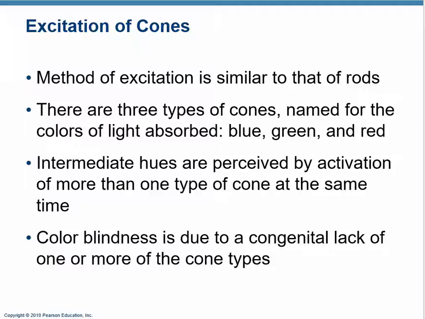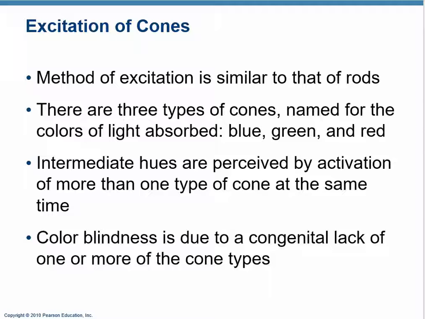So in cones, it's basically the same thing, except there are different things that respond to different frequencies of light: blue, green, and red. Yellow will be a mixture of those things.